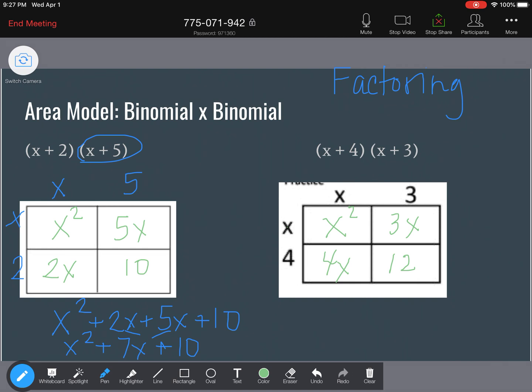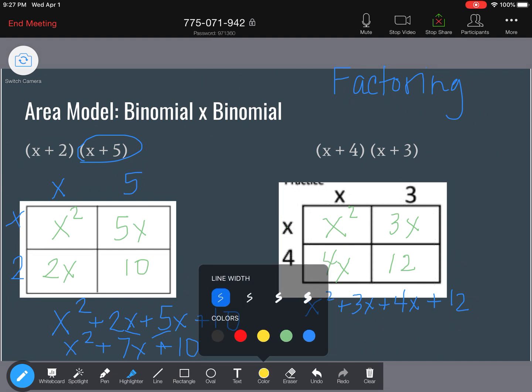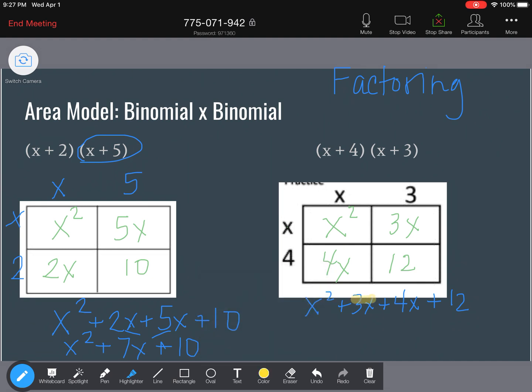Okay, we're going to rewrite all of our terms. So we have x squared plus 3x plus 4x plus 12. Combine our like terms, and here I have my like terms right there and right there.